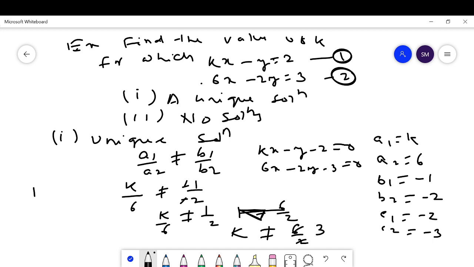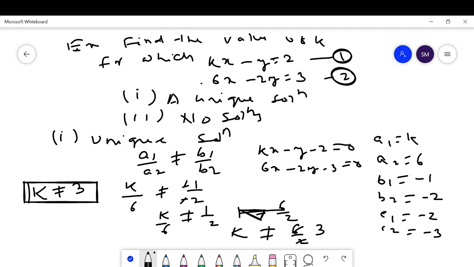Here for k not equal to 3, we can get unique solutions. For the value of k not equal to 3, we can get unique solutions by solving these two equations.